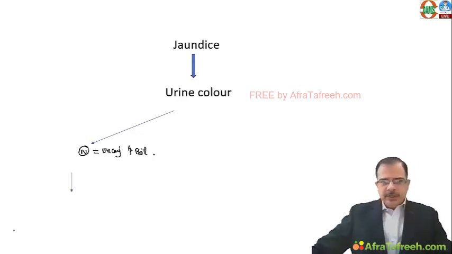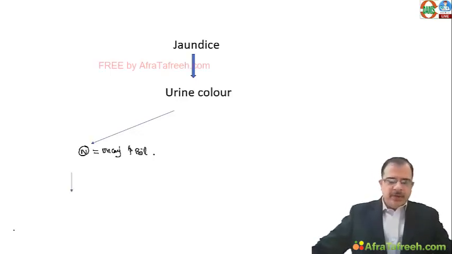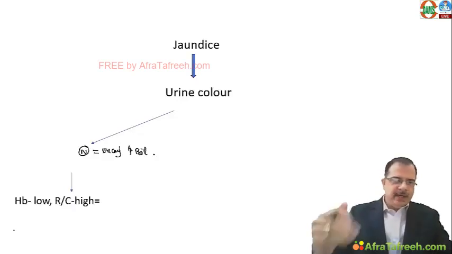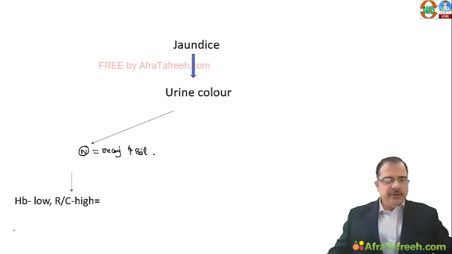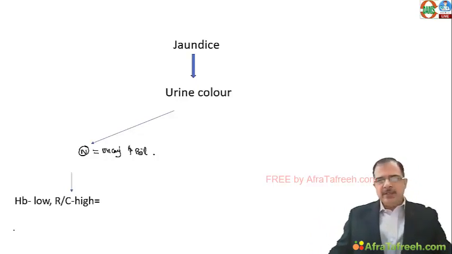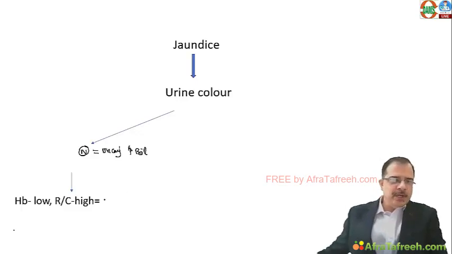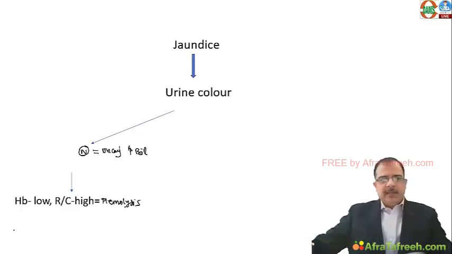So the causes will be like you have to read the clinical history. If the clinical history gives you the information like this, hemoglobin is low, reticulocyte count is high, so that means the cause here will be in the option hemolytic anemia. So it will be a case of a hemolysis.